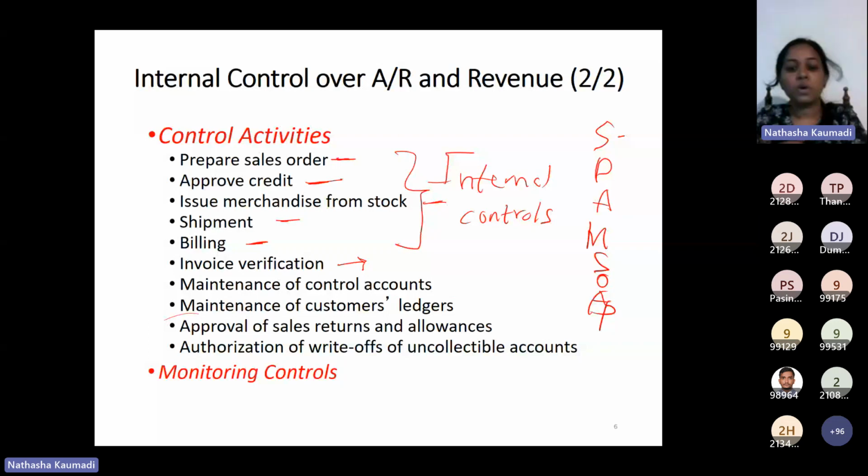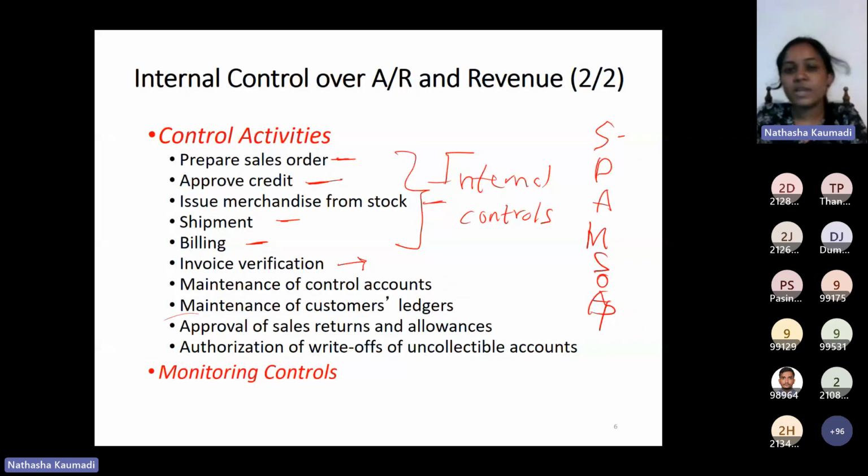Now, before you write off all these bad debts and uncollectible values, those should be approved. So all these controls should be there, and this is just a summary. We will be discussing the controls in detail later, but remember, internal controls should be identified under control activities.